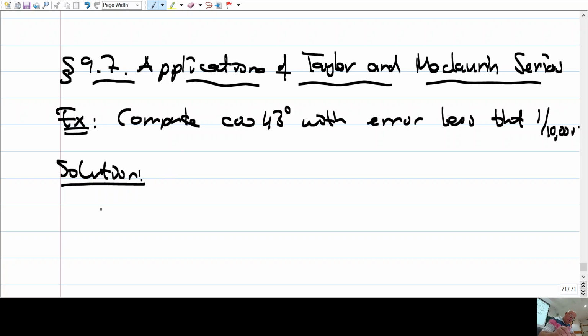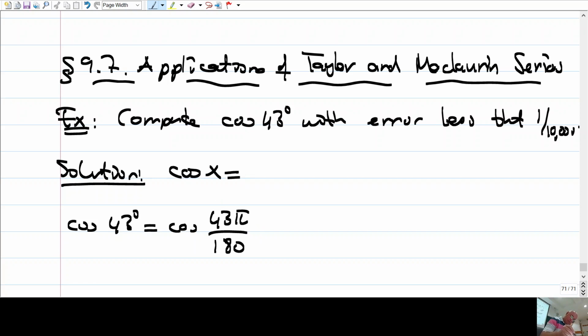Now, cosine 43 degrees is just, I want to write everything in, of course, radians. So this is 43 pi over 180 radians. And what was Taylor's formula for cosine x? It was this: 1 minus x squared over 2 factorial plus x to the 4 over 4 factorial, minus x to the 6 over 6 factorial, and so on.